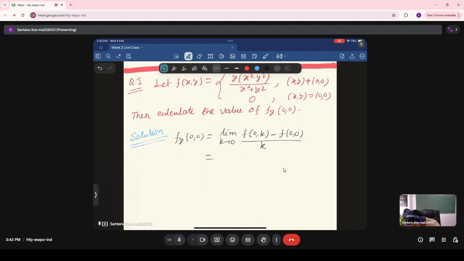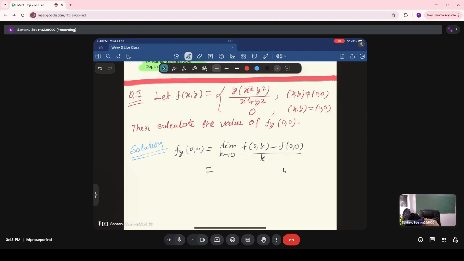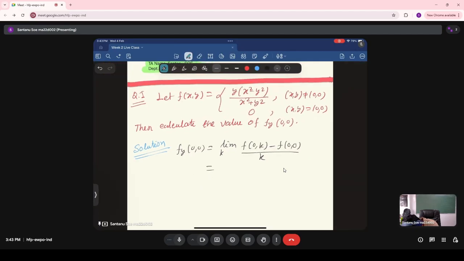Now from the above function, f(0,k) is k times (0 square minus k square) divided by (0 square plus k square), divided by k minus 0.